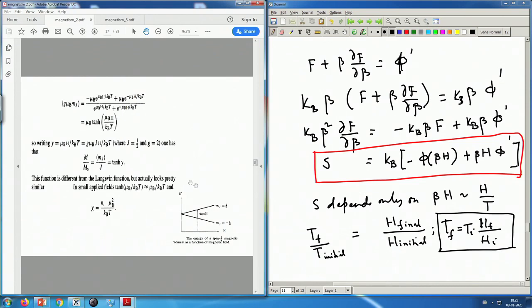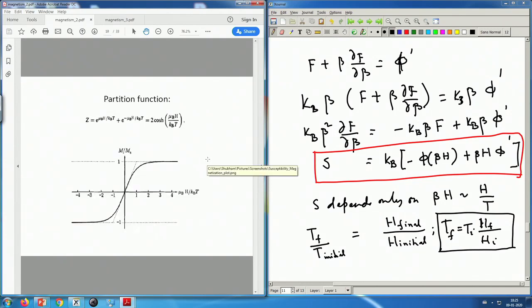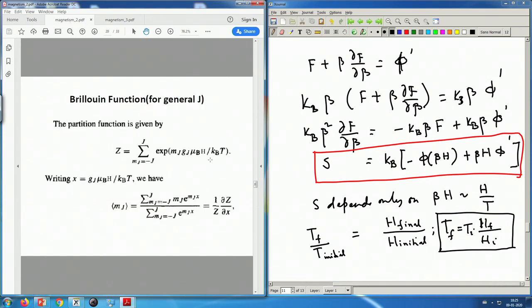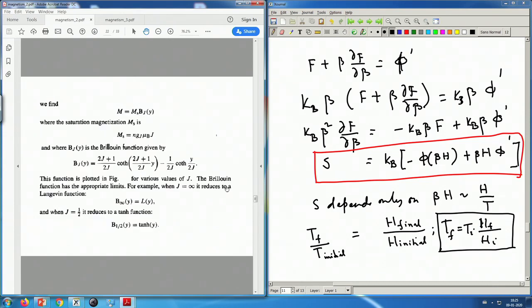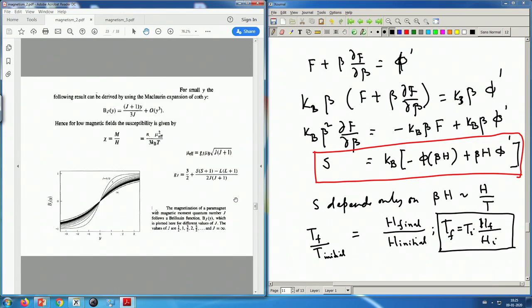So, this H divided by T is the common ratio that dictates the play of field and temperature, and if that is true, then of course, if you keep a quantity like entropy, which depends only on this H by T, fixed, then by changing H you can change T, and this is a very nice, cute way of using a mathematical fact or a physical fact to lower the temperature.